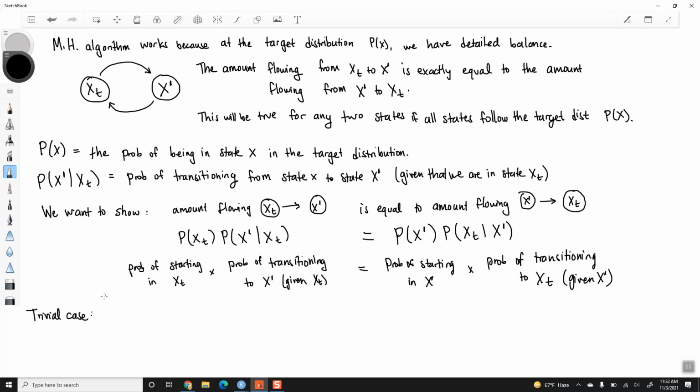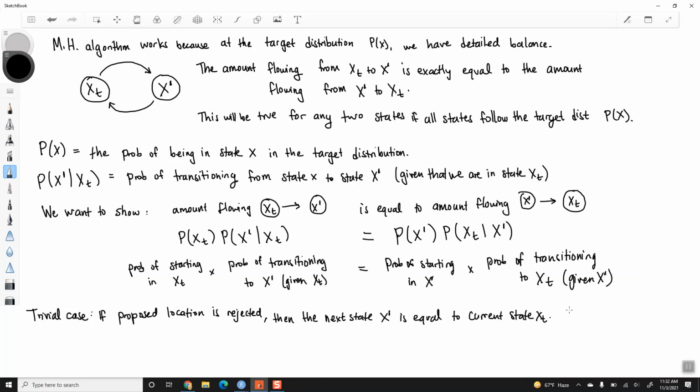If the proposed location is rejected, then the next state x prime is equal to the current state xt, right?